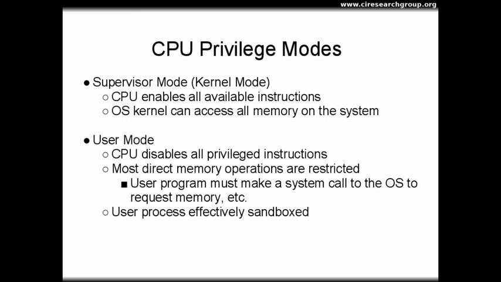In user mode, the CPU disables all the privileged instructions and restricts most direct memory operations. Thus, a user program must make a system call to the operating system to request memory or perform other resource allocation tasks. In this way, the user processes are effectively sandboxed both from the system and from each other.